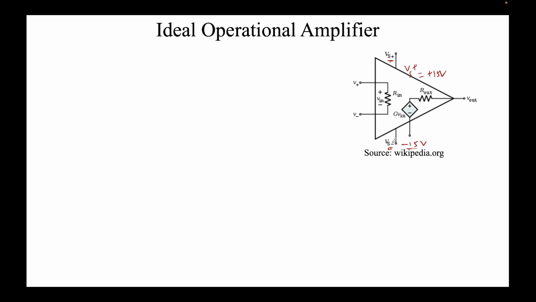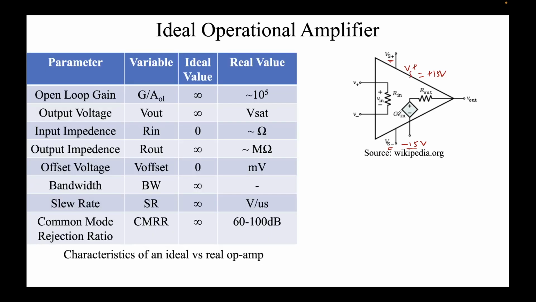S here stands for saturation, we'll talk about it. This circuit has an input impedance, which we call Rin. Similarly, this is an output resistance, which we call R out, and this is a dependent voltage source given as G times V in, where G is the gain.